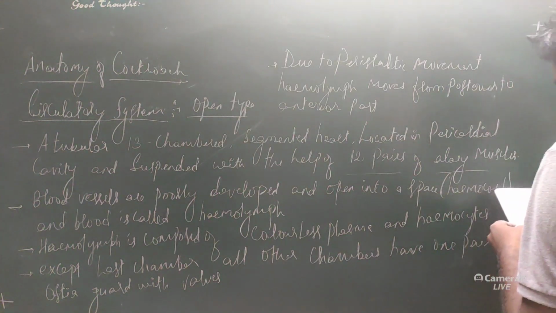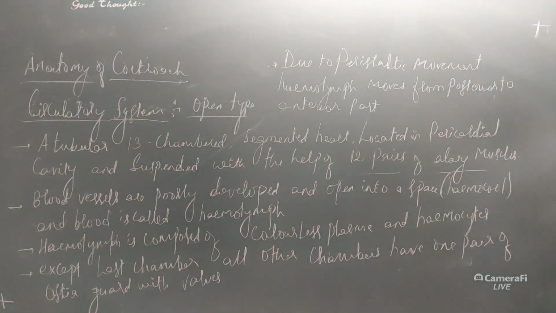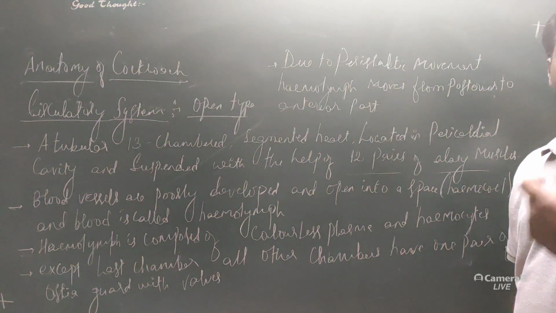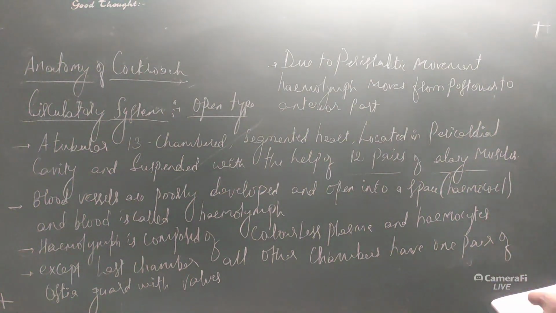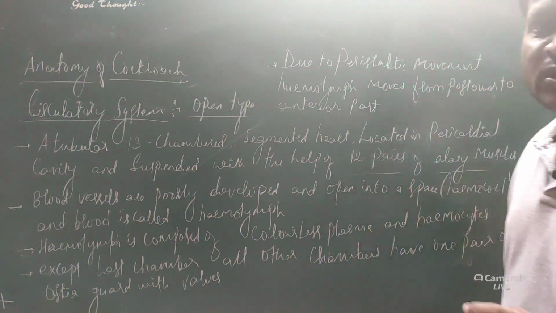Okay, from posterior to anterior part. And what is the function of this blood? The function of the blood is to transport the gases, also transport the minerals and nutrients throughout the body. Okay, so this is what about the circulatory system in case of cockroach.